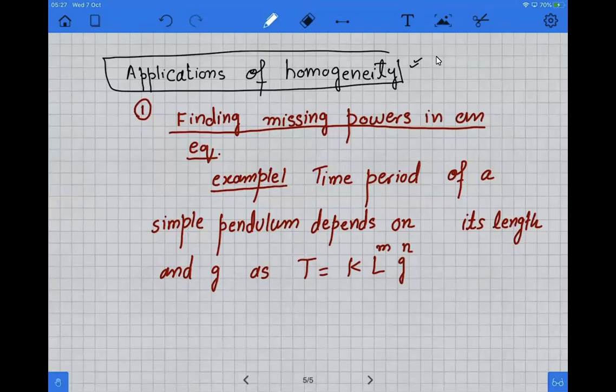So time period of a simple pendulum depends on the length of the simple pendulum and acceleration due to gravity according to this relation.